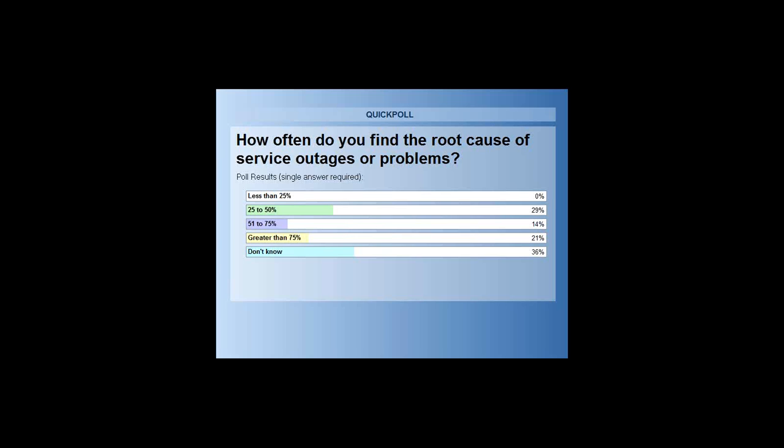So the first one is, how often do you find the root cause of service outages or problems? And there are essentially 5 choices. So if the audience can pick one that makes sense: less than 25%, 25 to 50%, 51 to 75%, greater than 75%, or don't know. We'll allow a couple seconds for people to make their choice, and we'll see how these answers go.